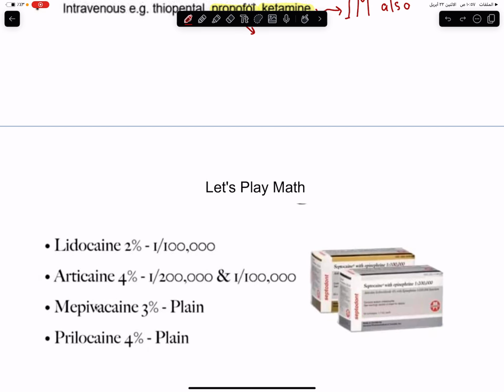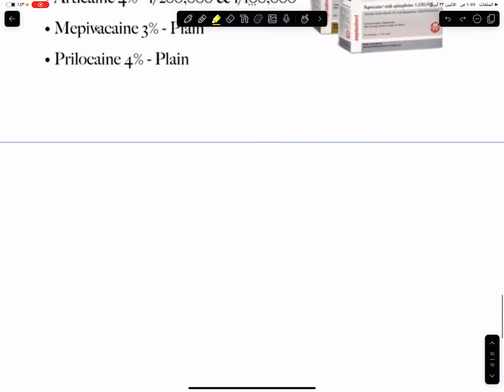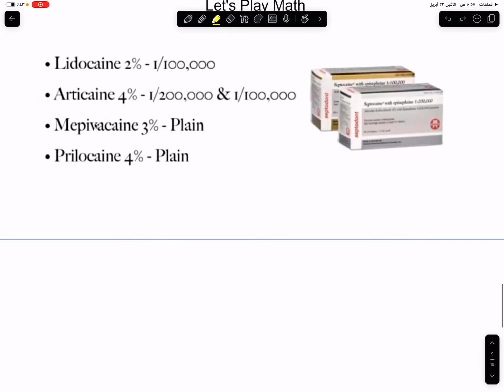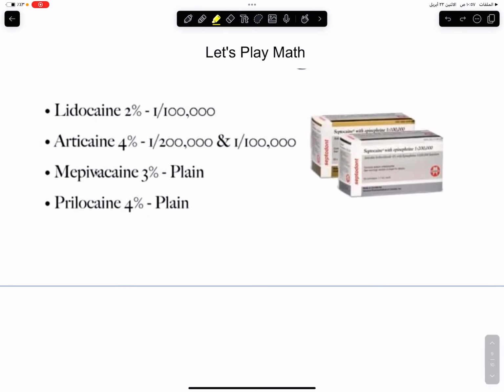That's it. There is a formula we can calculate, because 2% means that it is taken in gram and then we convert 2 gram into 2000 milligram, then divide by 100 mil. So that is a formula. But to get it easy, just multiply by 10 when it is alone.